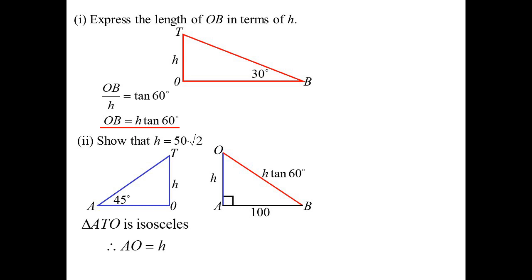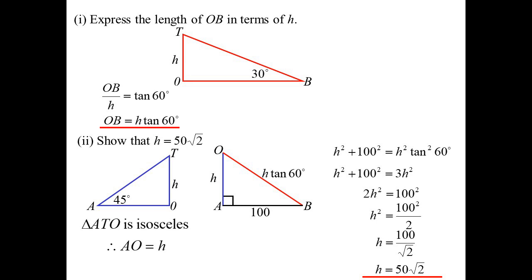So AB is 100 and OB is H tan 60, which we just worked out in part I. So I've got that one. And I could use Pythagoras on that one. So H squared plus 100 squared is H squared tan squared 60. Playing around with this, we get our H is 50 root 2.